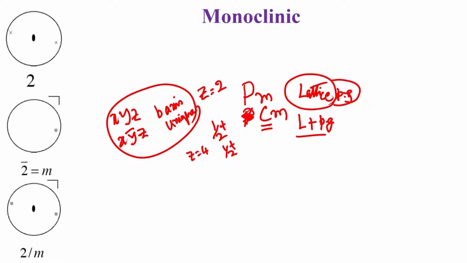You remember that in a 2-dimensional rectangular system, we have a primitive lattice and a C lattice, a little p and a little c. Similarly we will have a capital P and a capital C in the case of the monoclinic symmetry. We have the lattice plus the point group now representing the so called space group.